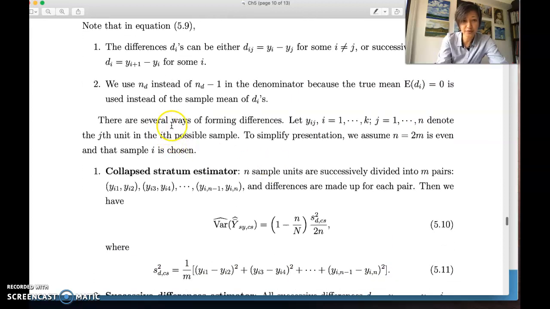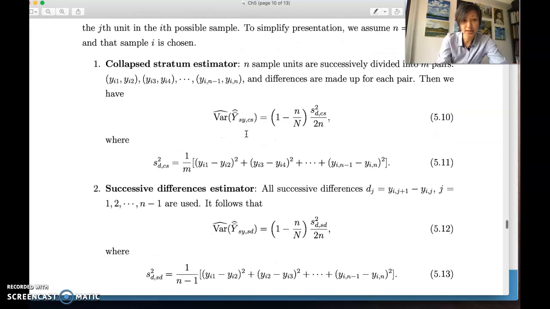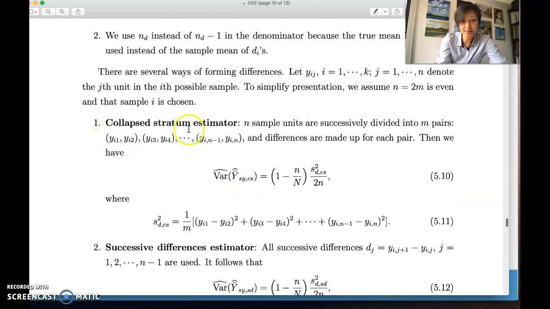Okay, so there are several ways of forming the differences. We just mentioned that we can use either a collapsed estimator or a successive estimator. Using the collapsed stratum estimator, Sd square will be defined through the difference between the first two yi data, squared, and then the third and the fourth, and the fifth and sixth.